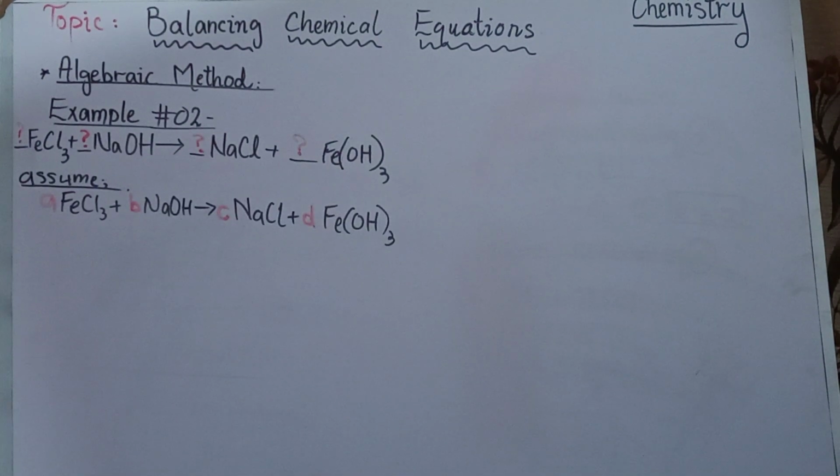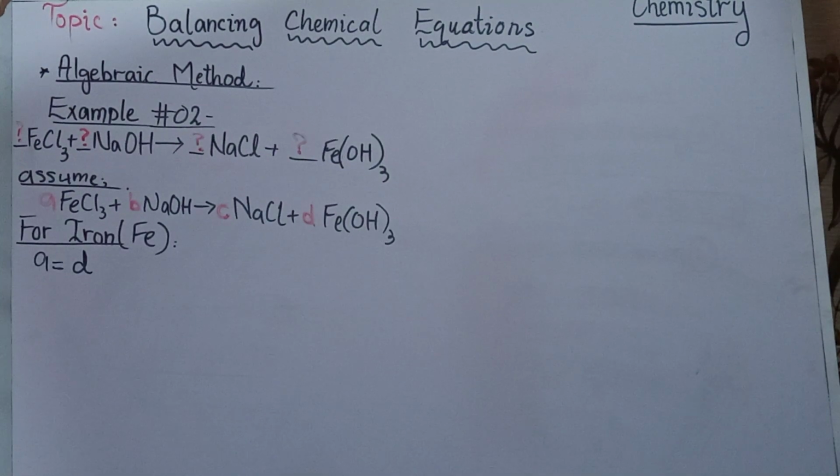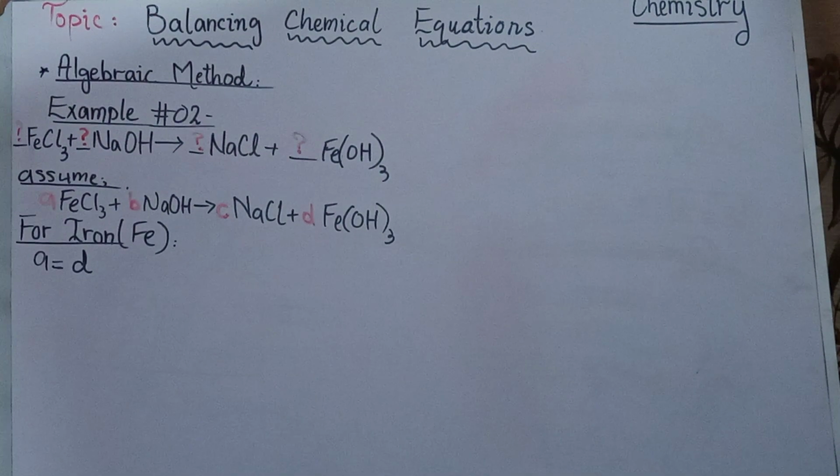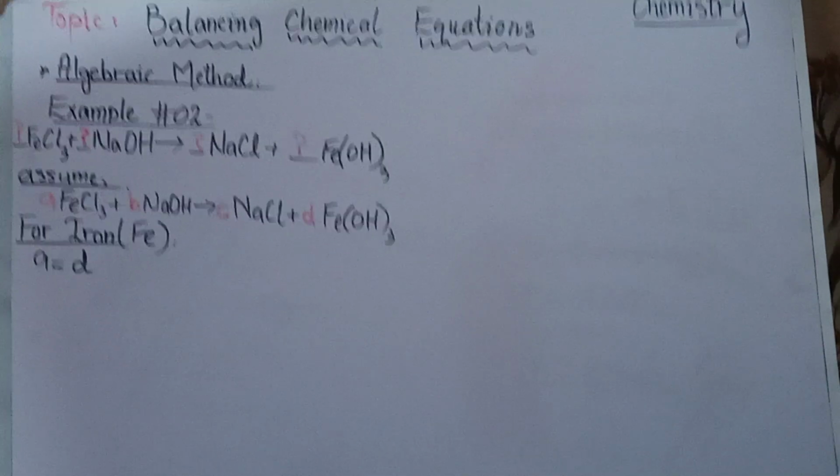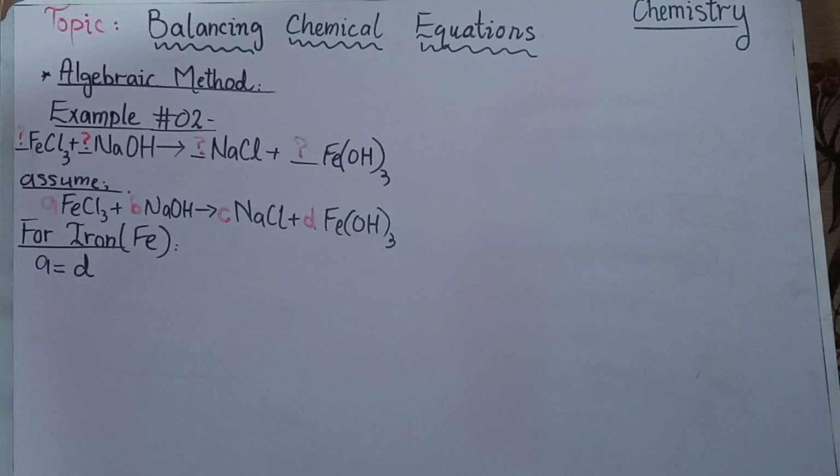Now first form the relation for iron, Fe. In the reactant iron comes from ferric chloride, so iron is 1 in the reactant, while in the product iron is in the form of ferric hydroxide. So A equals D. Now make the relation for chloride.